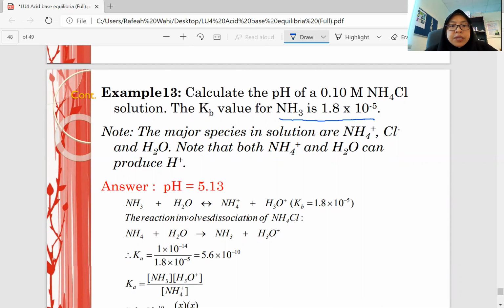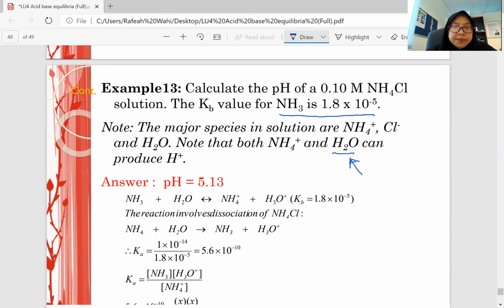Both ammonium ion and water can produce H+. You still remember the term auto-ionization of water? So we know that H2O can also generate H+ ion.